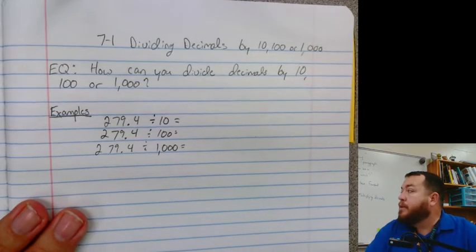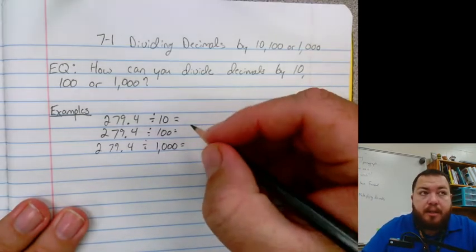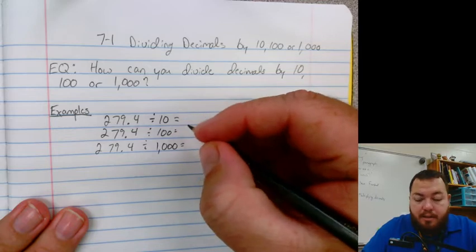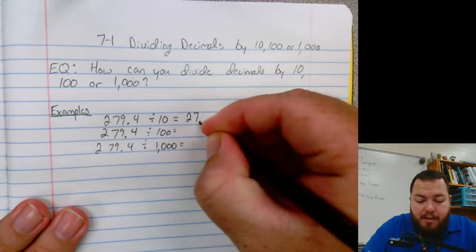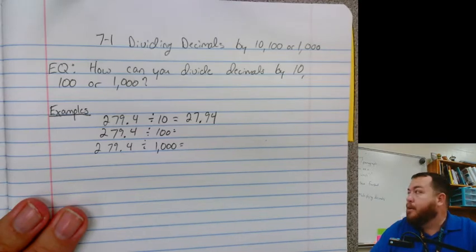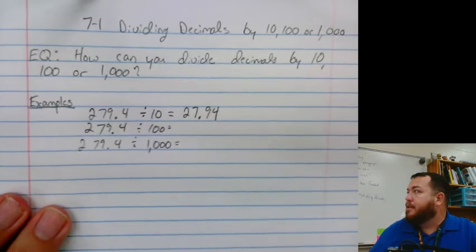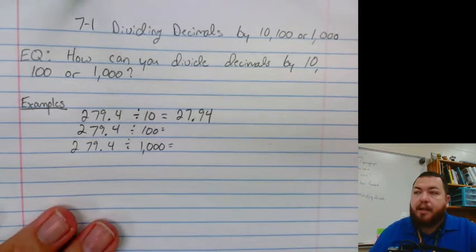Does anybody know what the answer to the first one is? 279 and 4/10 divided by 10. What do you have, Charm? 27.94 hundredths. Do you see that? Okay.